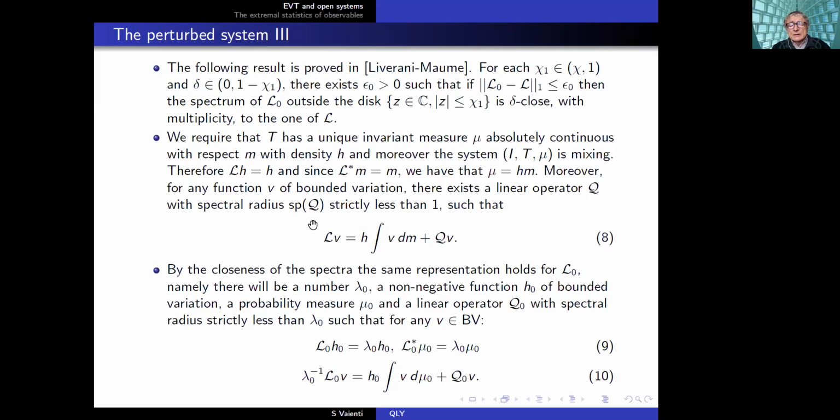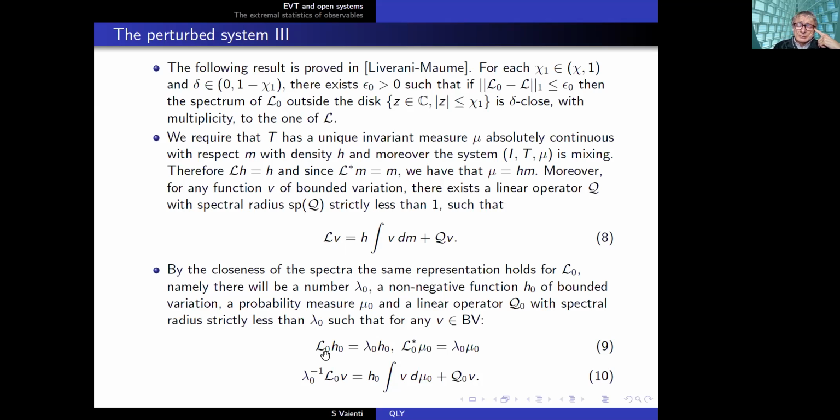And what is important, the spectral radius of this operator is strictly less than the spectral radius of the operator L, which in our case is 1. It's 1 because we choose the Lebesgue measure for L as the conformal measure. So in this case, the top eigenvalue of L is 1.